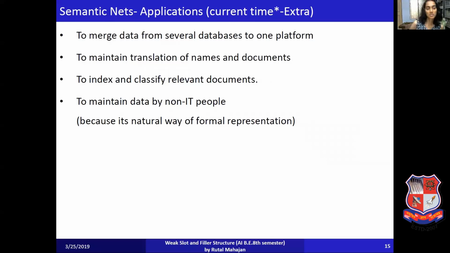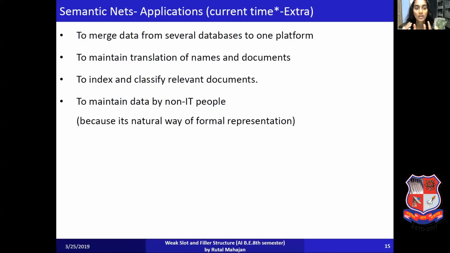What are the applications at the current time? To merge data from several databases into one platform, to maintain translation of names and documents, to index and classify relevant documents, and to maintain data by non-IT people because it is a natural way of formal representation. Just concentrate on the first three applications.